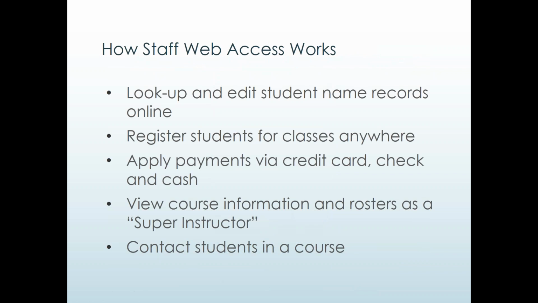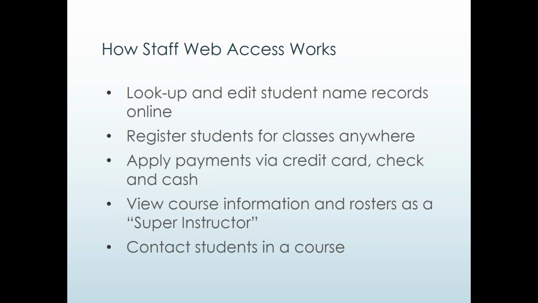Okay. So Staff Access, how we use it for AUM continuing education. We use it to look up student name record information. Like, let's say I need to view a phone number or email address for a student. I can log in online and view that information.